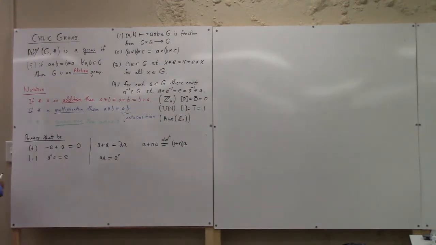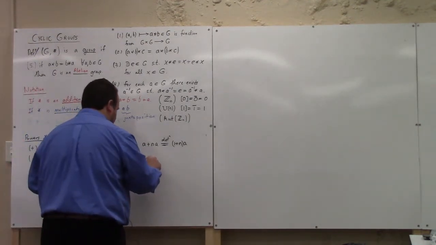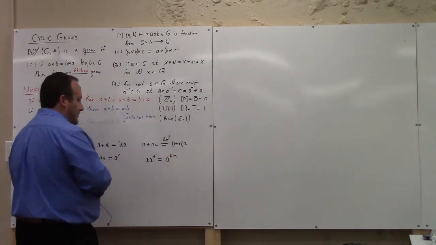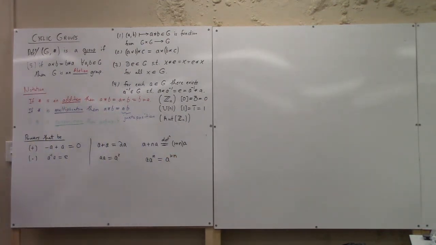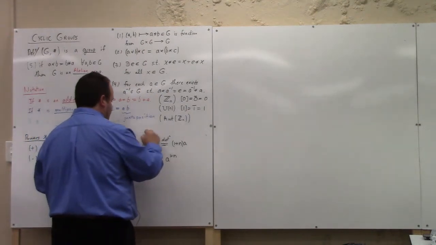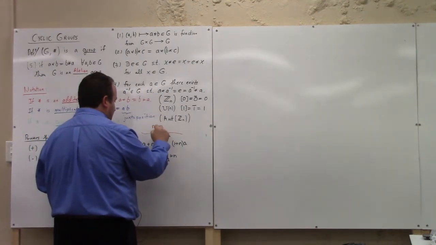In the additive case, we have multiples of A. In the multiplicative case, we would do something like A times A to the n is equal to A to the 1 plus n. Both of those would be recursive definitions for powers of A. To start with, we're thinking of n as being a natural number.